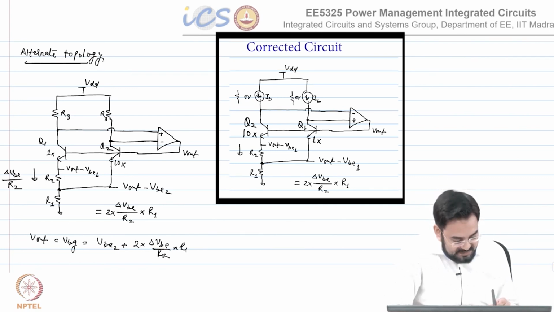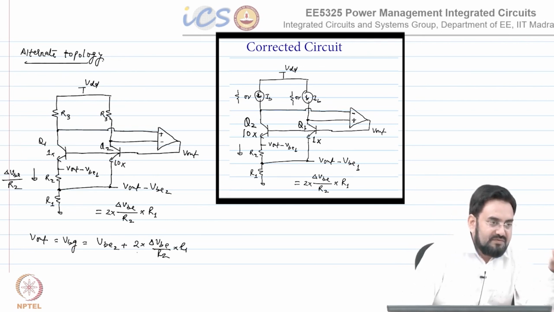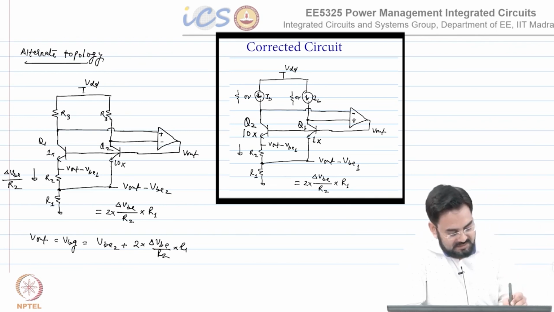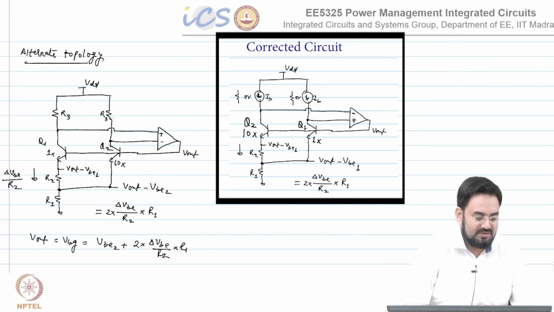So, the only difference is, if you choose the 10x here, the value required for your ratio of R1 R2 will be half here, because you have a 2x component. Okay, otherwise the rest of the things are the same, and these R3 and R2 can be replaced with current sources also.